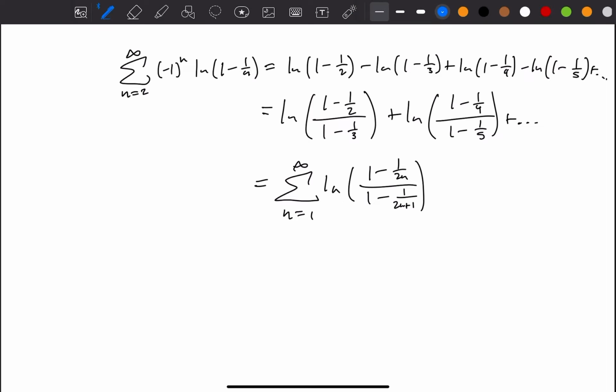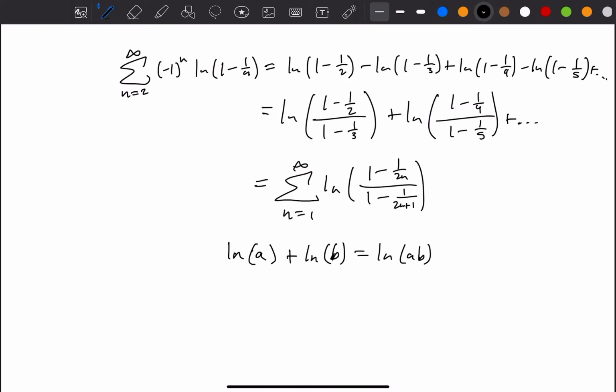Right, now using another property of logarithms, which is basically the same as the previous one, but just going case by case makes things a little bit more simple. The sum of logarithms is a logarithm of a product.